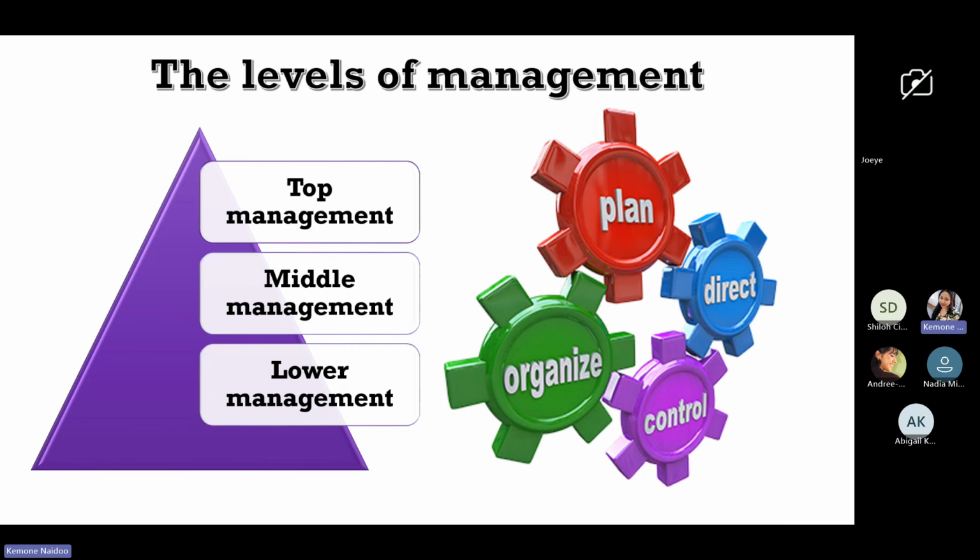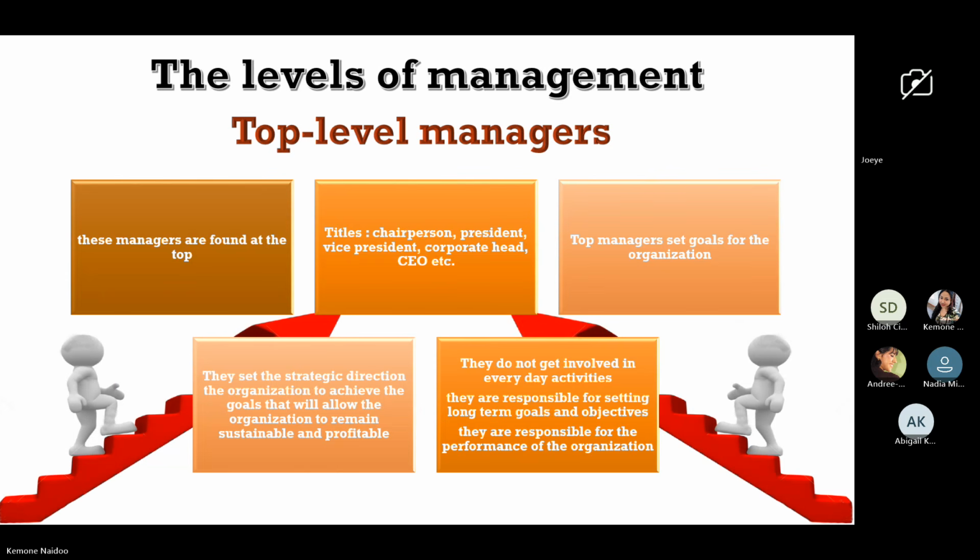So with that being said, we are now going to look at the 3 different levels of management. We have top, middle, and lower management. These are the 3 levels of management that will exist in a business. Our first level of management is our top managers.